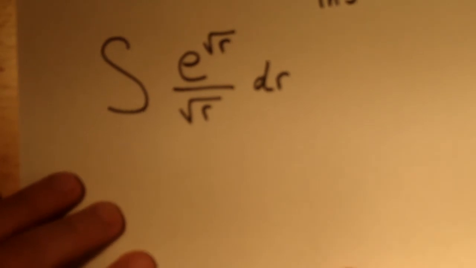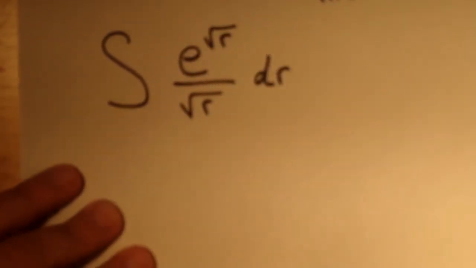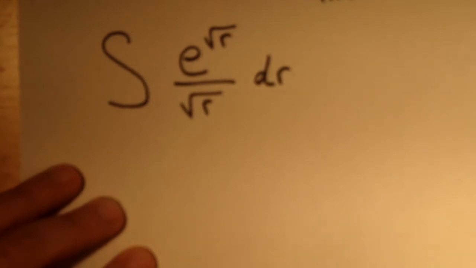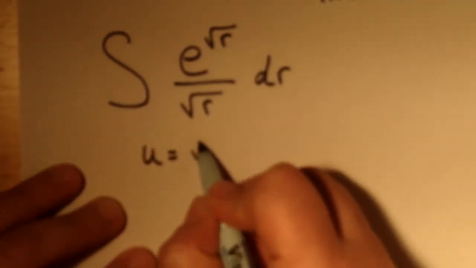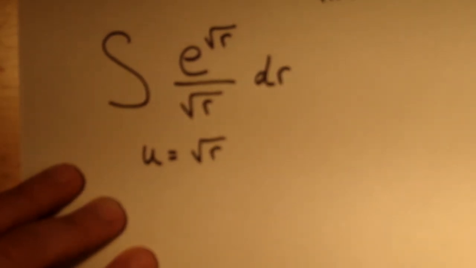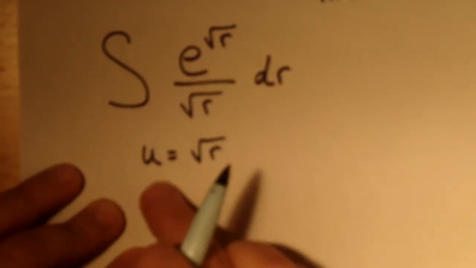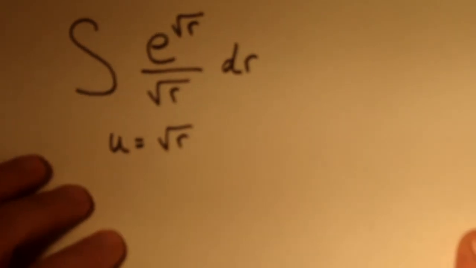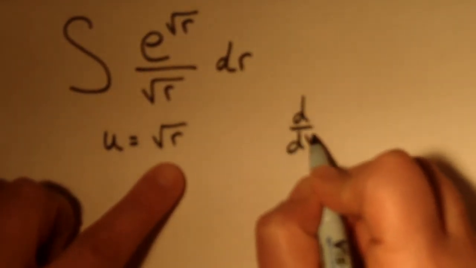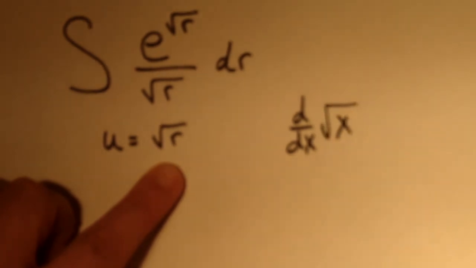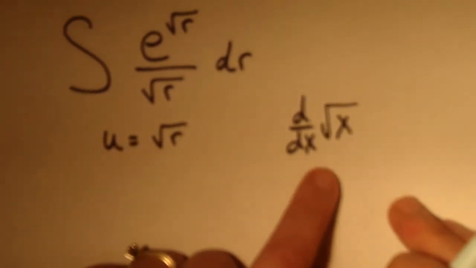And I'll give you a little hint: when you're doing integrals involving e, if the power is anything other than x or r or whatever the variable is, then this power would be your u. So I would let u equal radical r. Whenever I teach Calc 1, I always tell my students to memorize the derivative of radical x, because we see that over and over again.